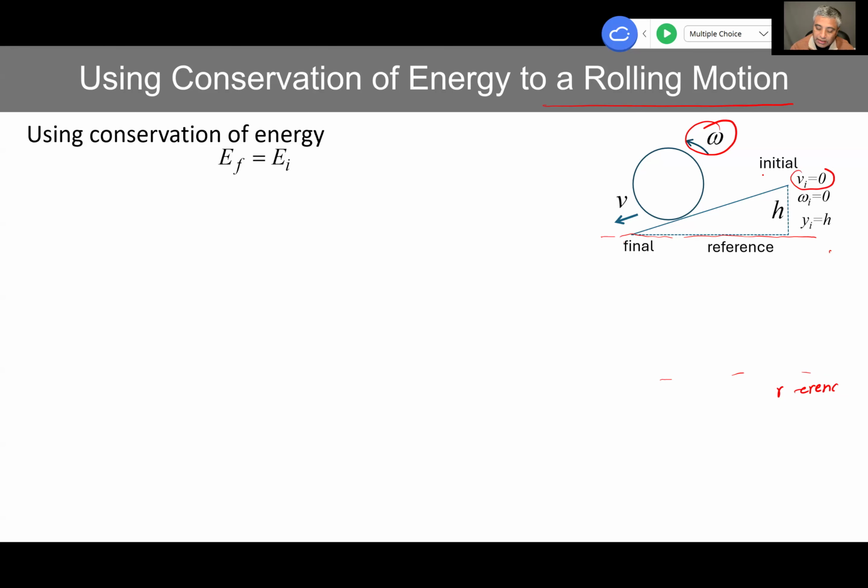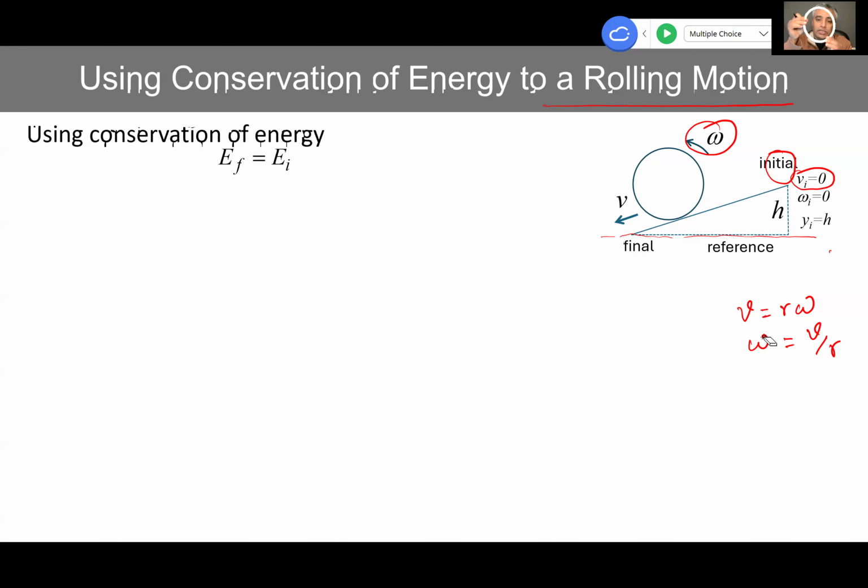Initial velocity is 0 because it starts rolling from there. And remember, v and omega are related. Omega is v over r. So whenever v is 0, omega is also going to be 0. Whenever linear speed is 0, angular speed is also 0 when it's rolling.